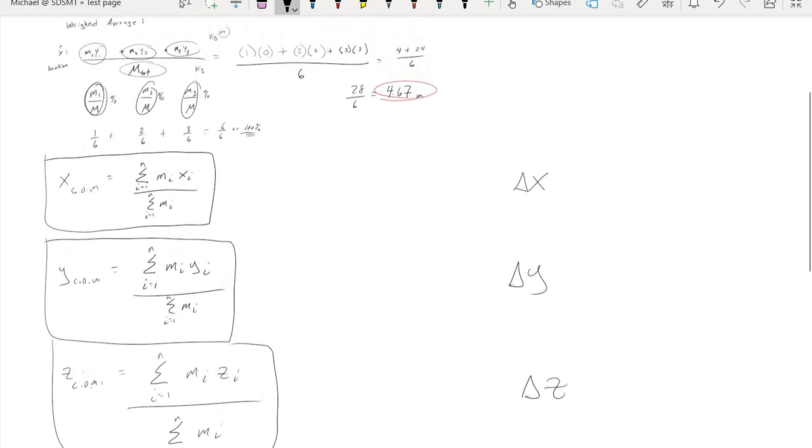Well, if each mass can potentially change its position along the x-axis, then what does that mean in terms of the weighted average expression that we've already come up with?